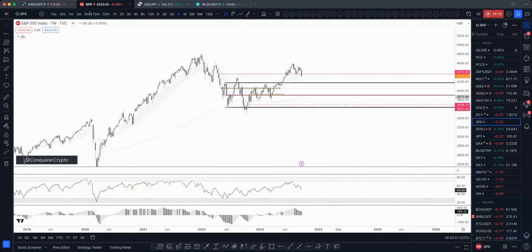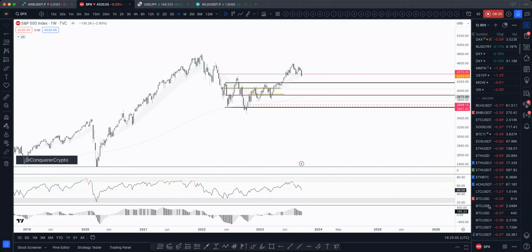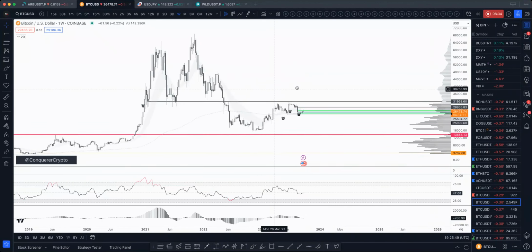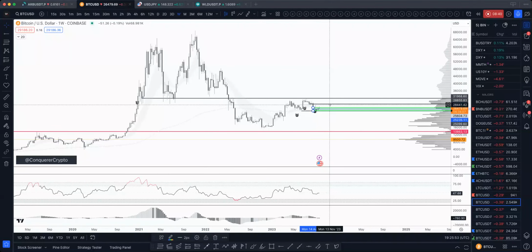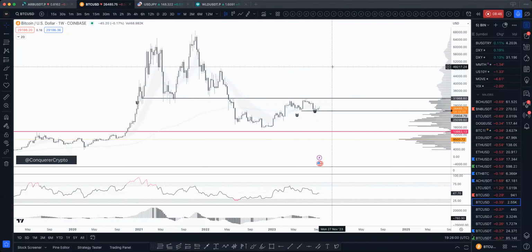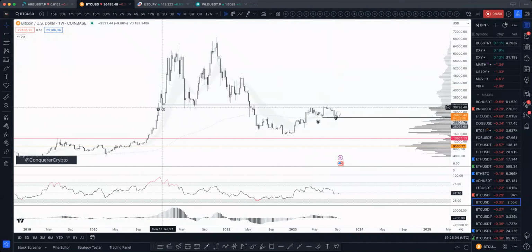So let's come back to crypto and let's check what our big boy is doing. As you know, just a second, let me delete all this. We don't need all this. Okay. So what we need here is, this was the weekly level that hasn't been broken, support, and then turned into resistance.